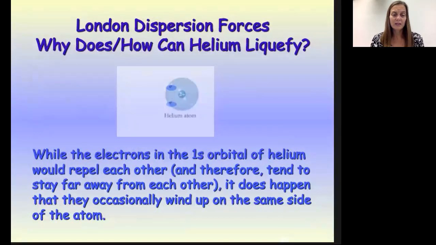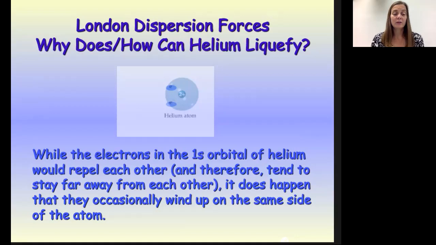So how do these work? So we're going to use helium as our example. We know that helium is normally a gas, but if we put it under enough pressure or get it cold enough, then it actually can become a liquid. And in order for it to do that, it has to be experiencing some intermolecular attractions.